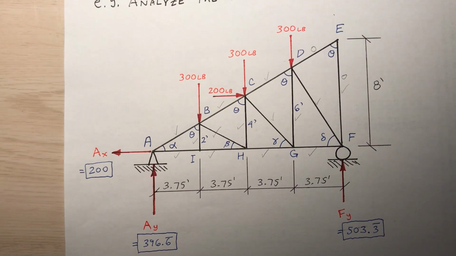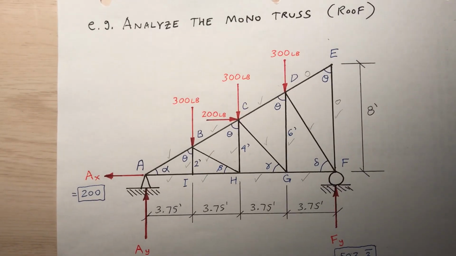In reality, things happen, like loads shift around, or maybe another load might suddenly be introduced. So 0 bars are not completely useless. They do account for load shifts and just add to the general stability of the truss. So I'm happy with having those bars there in this mono truss.